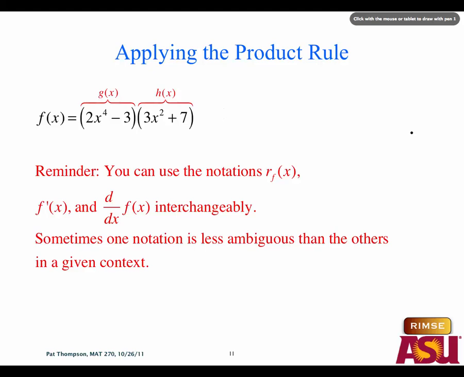Sometimes a certain notation is the most helpful in a certain situation. Okay, so remember they all mean the rate of change of f with respect to x. All these notations. Okay? So it's just that in certain contexts, one or some are more convenient than others. Okay? So we use them all.